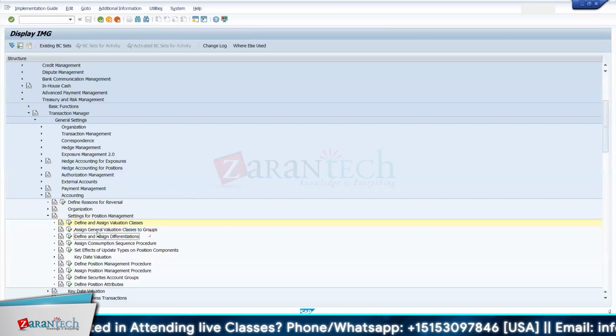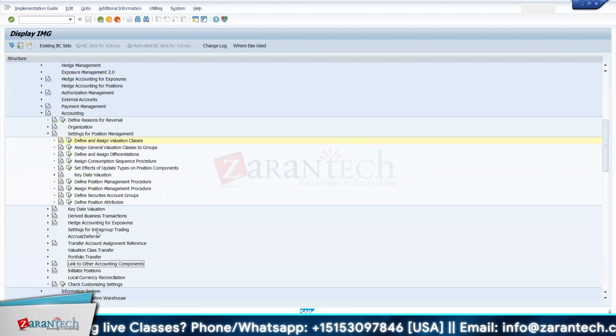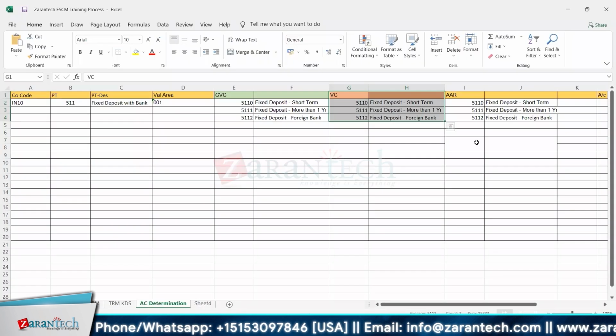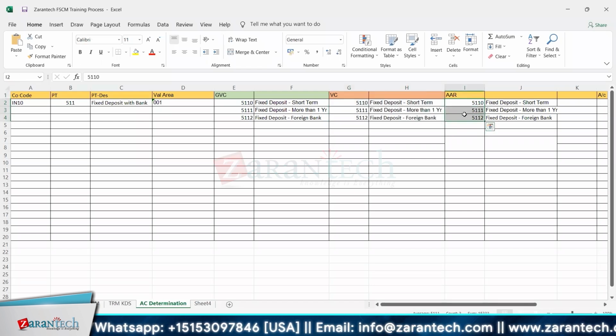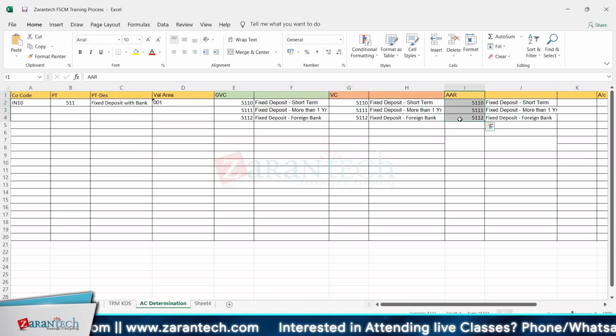Overall, for my account determination purpose, I use this account assignment reference, which helps to link my GL account derivation. And if I link this product type with this valuation class and general valuation class with account assignment reference, my account determination gets derived.